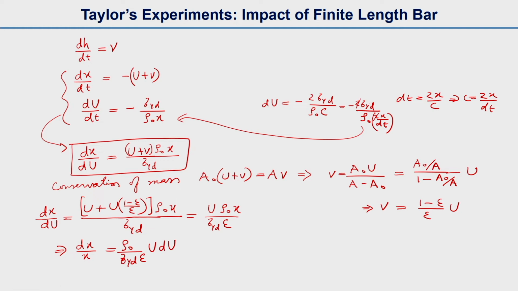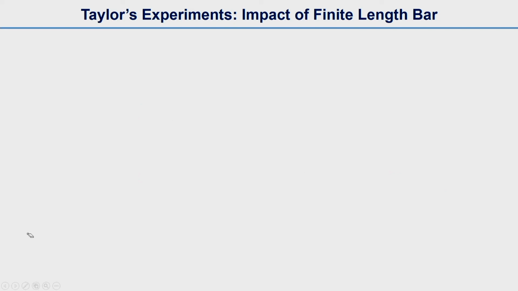So in this expression, we can use one earlier expression, which is rho u square over sigma yd is equal to epsilon square over (1 minus epsilon), and replace u from this relation into the other relation, and then integrate.